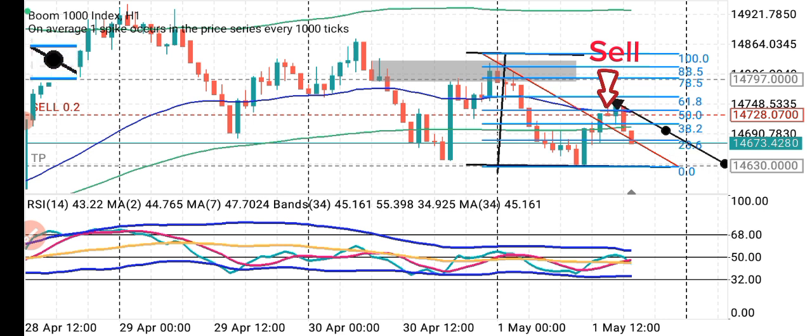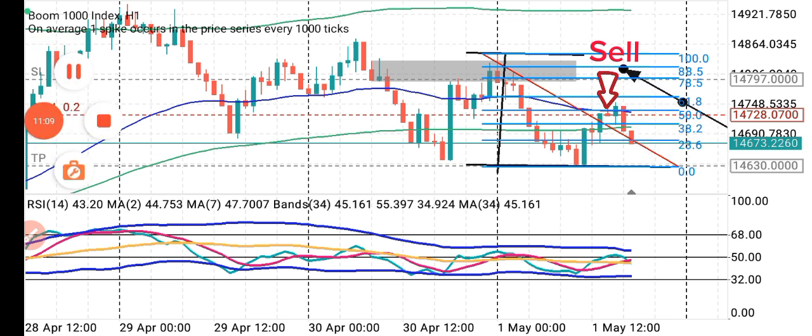When I got this inverted hammer, this pin bar here, that is when I made my sell entry. Look at my stop loss and look at my TP to come and sweep this low. So you see, this is how to trade this. It's pretty much simple and it is straightforward.